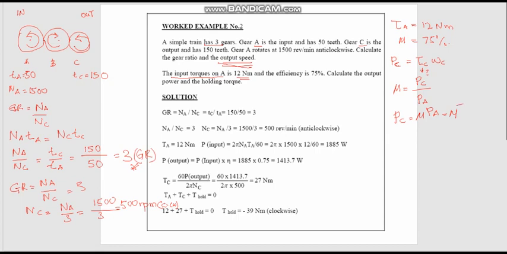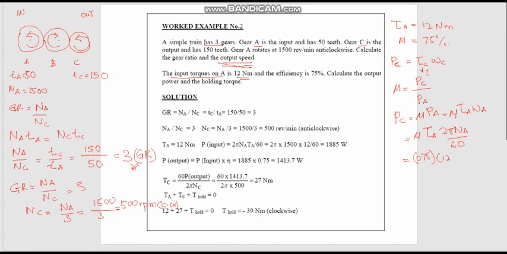And this PA can be calculated based on tau A times omega A. So this is simply equal to tau A times 2 pi NA over 60. And we know all these values. This is 75%, 0.75, times tau A, which is given as 12 Newton meter.